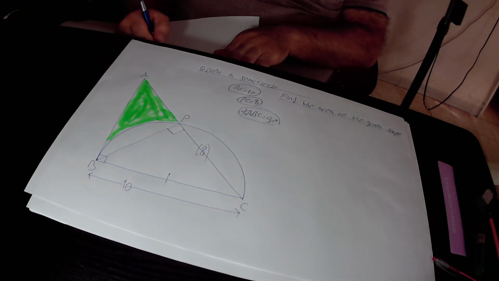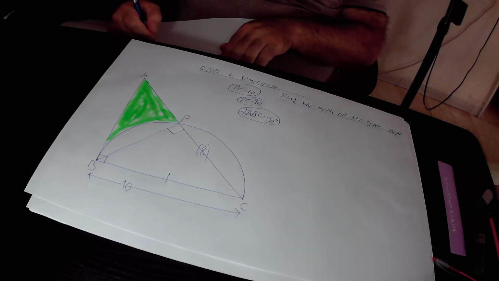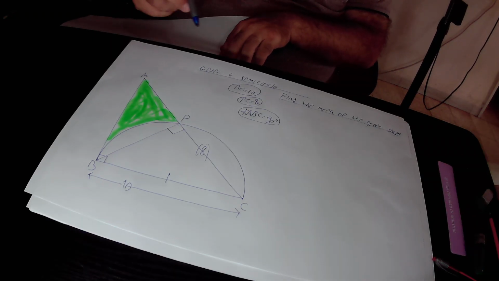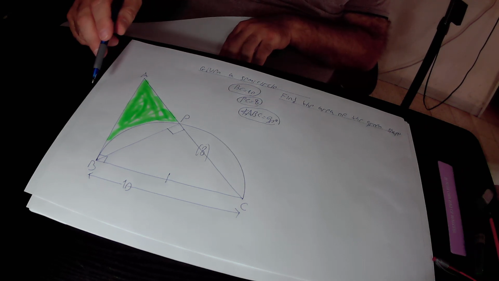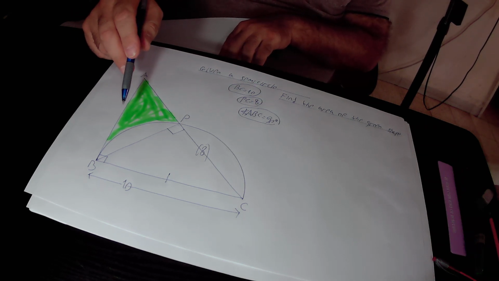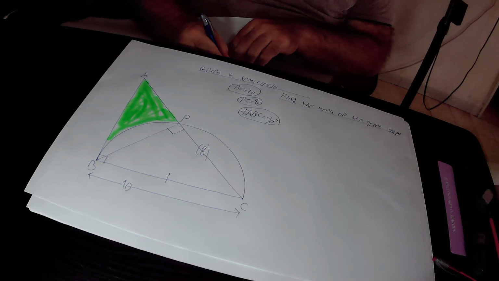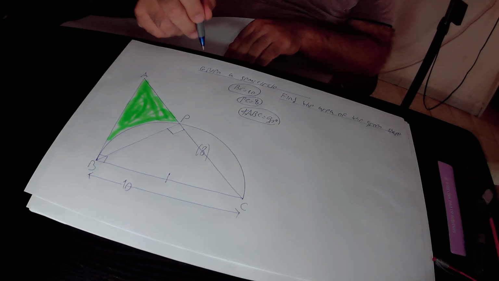So according to the Pythagoras theorem, in the right angle triangle BPC, BC is the hypotenuse, therefore the square of the hypotenuse is BC square, and BC square must be equal to BP square plus PC square.